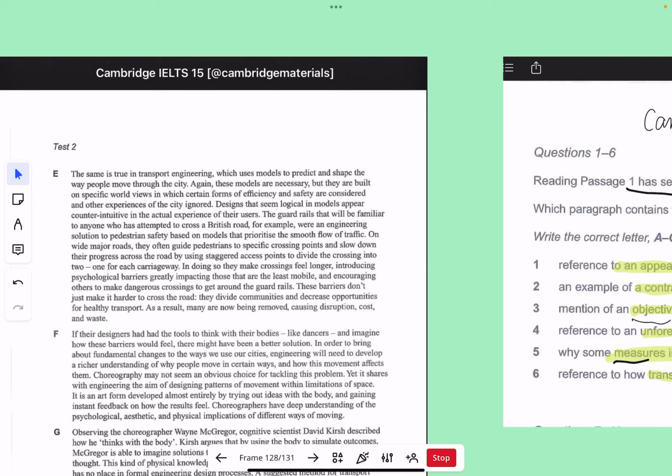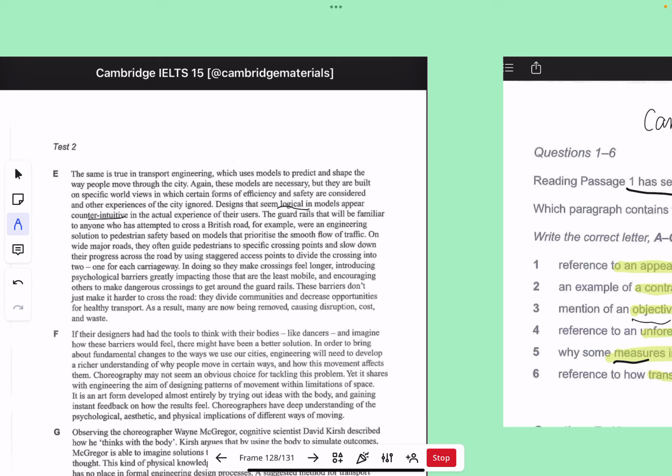Design that seem logical in model appears counterintuitive in actual experience of their users. Counterintuitive means it turns out the opposite.